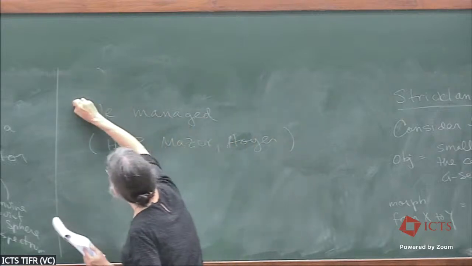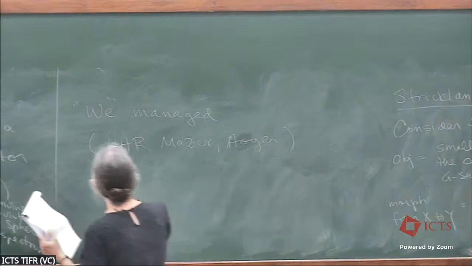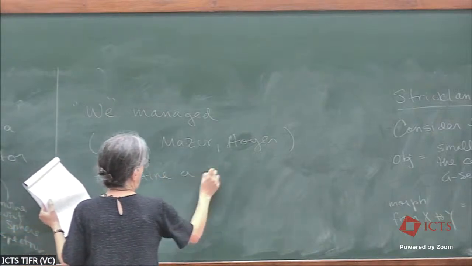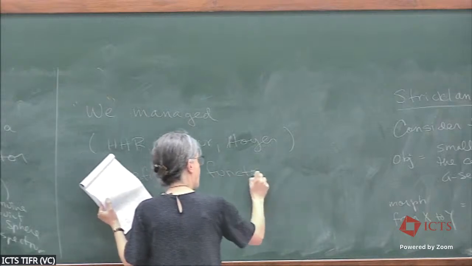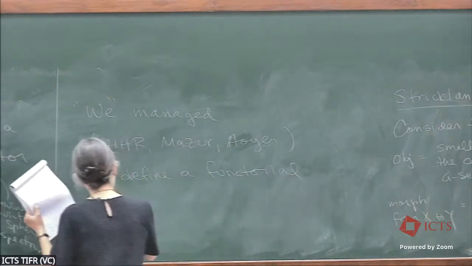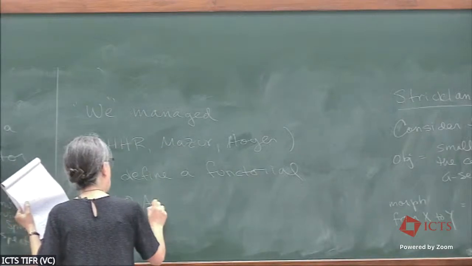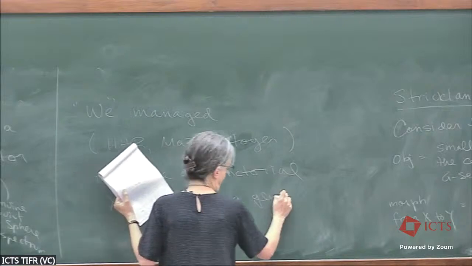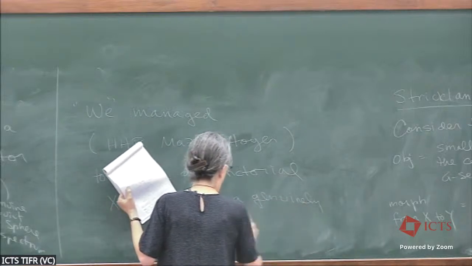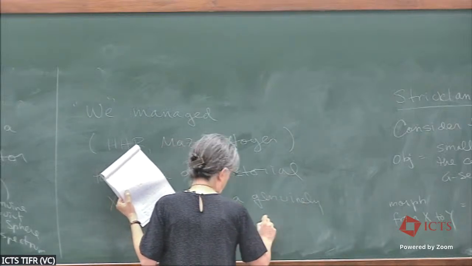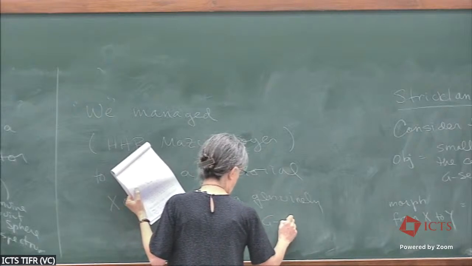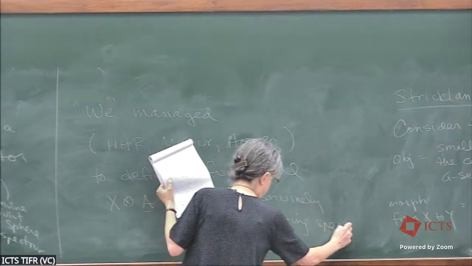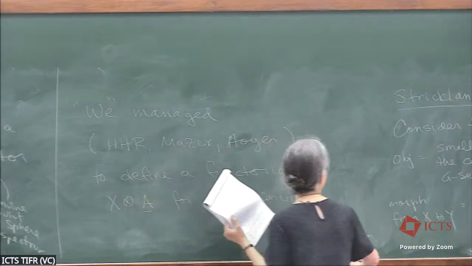So that's we, to define a functorial X tensor A for a genuinely commutative G ring spectrum.